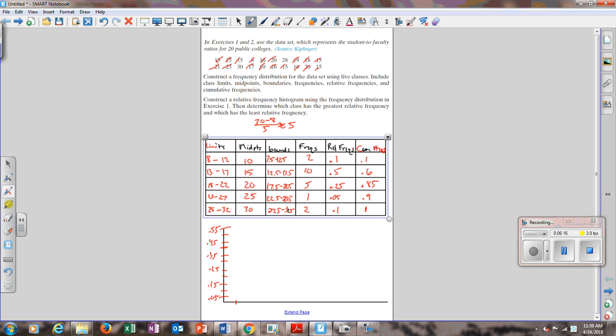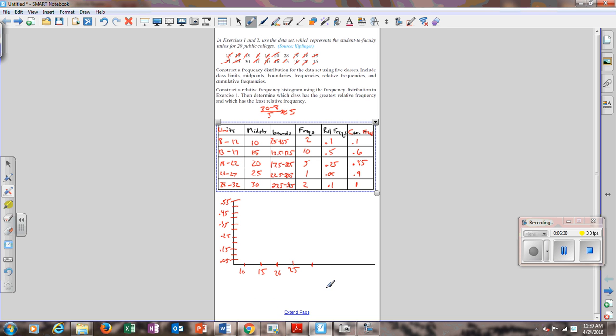Then we can put these by midpoints. Should be 10, 15, 20, 25, and 30.